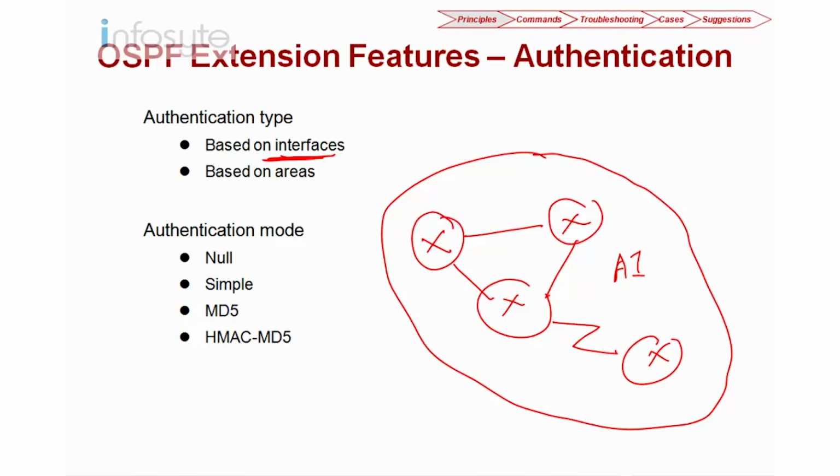When based on interface, within a single area, I just have to define the authentication on the interface. When it's area authentication, it's for the entire area, so you need to define it on the area. Area 1 authentication means all the routers have to configure the area authentication.